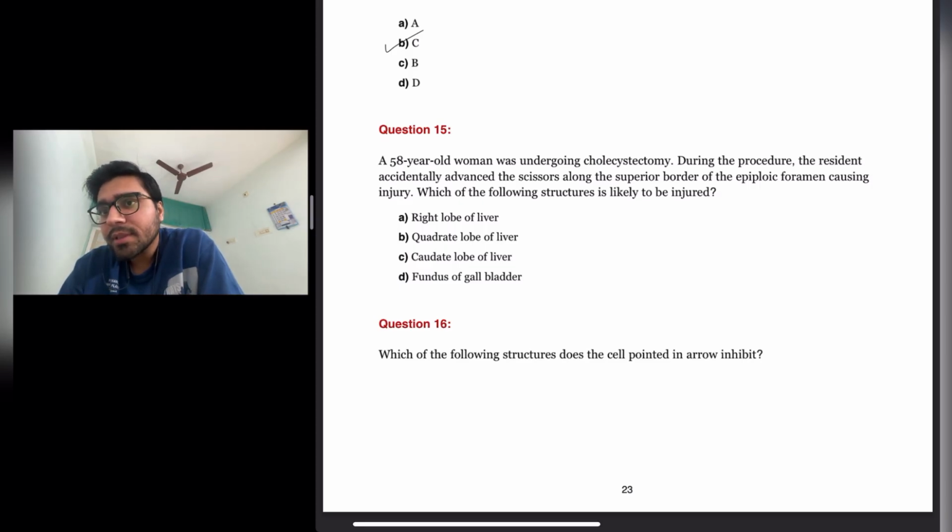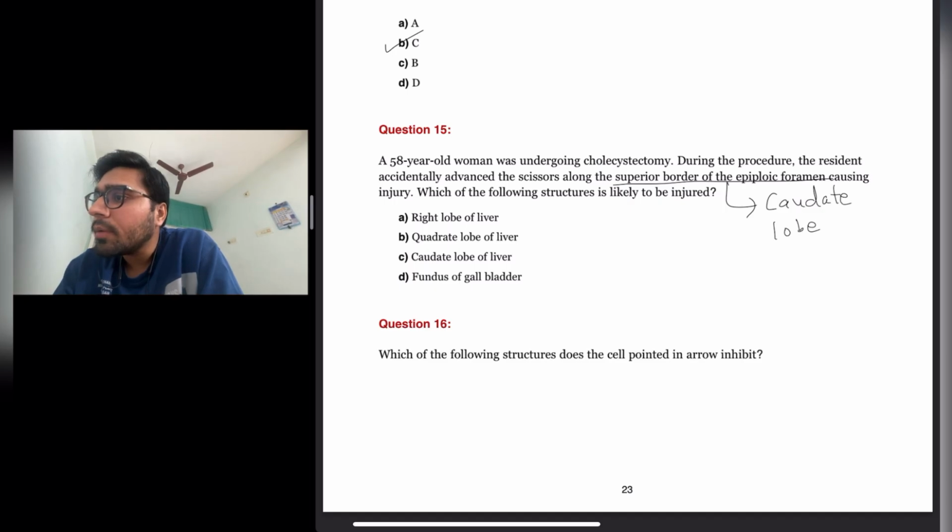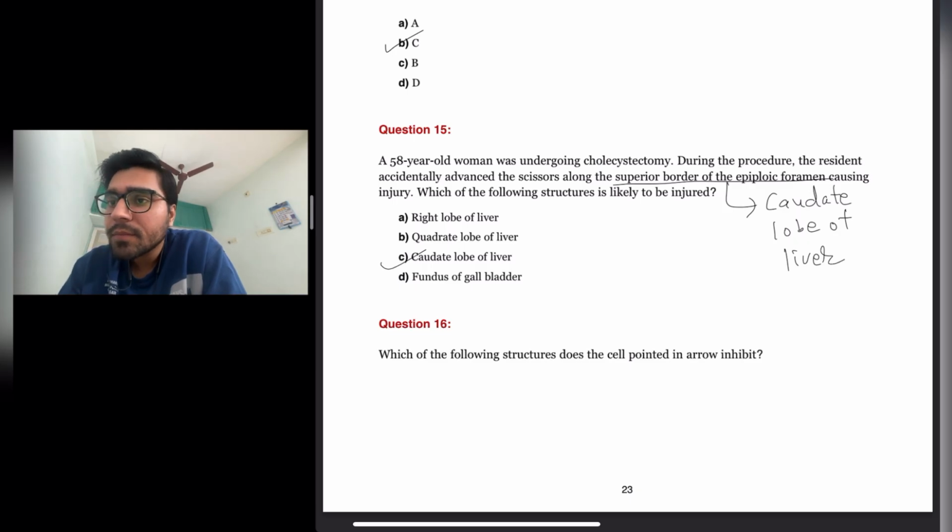During the procedure, the resident accidentally advanced the scissor along the superior border of the epiploic foramen, causing injury. Which of the following structures is likely to be injured? The thing is, the superior border of the epiploic foramen is related to the caudate lobe of the liver. The answer is C.